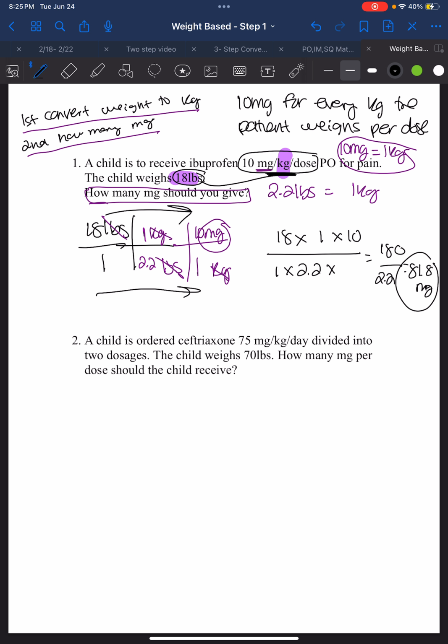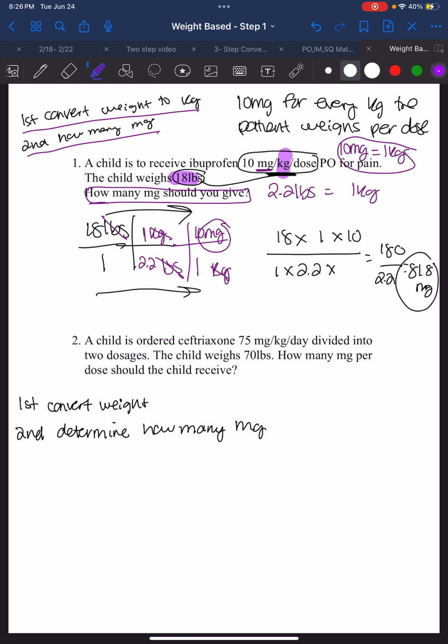All right, so we're going to come down to the second problem. I'm going to write out our steps again. So the first thing we need to do is convert the weight. The second thing we need to do is determine how many milligrams. So it's a similar setup. What do we need to get to?